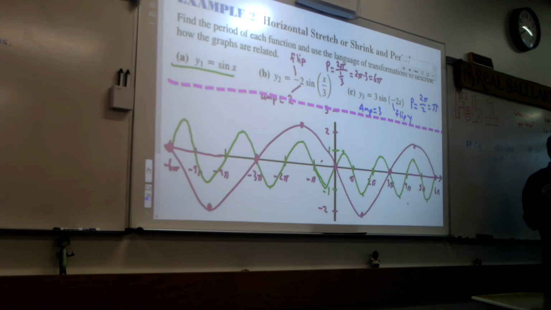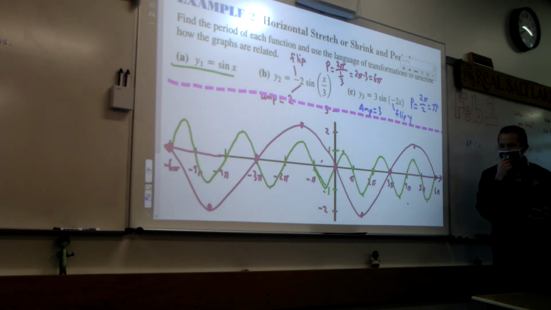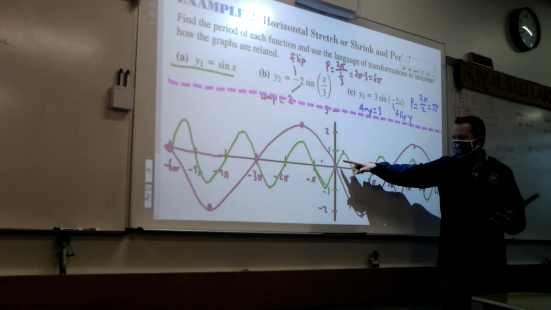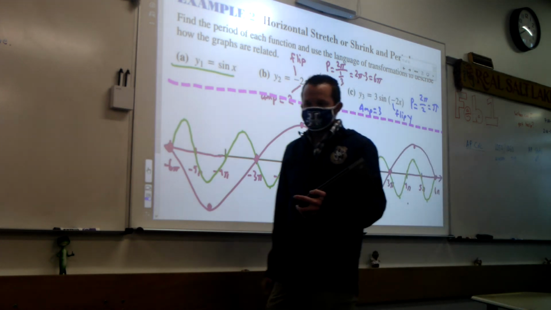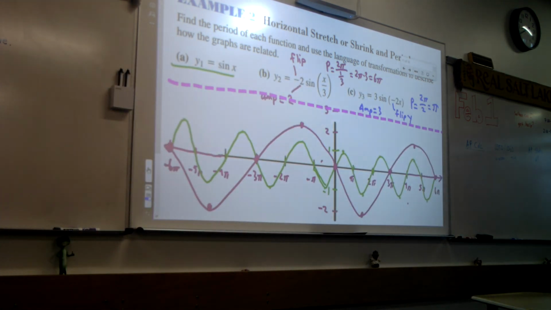It completes one cycle in pi, which is twice as fast. So where I see these green ones done at 2 pi, ours is going to be done right here. Now, this might take some precise drawing on a sloppy graph, but let's try this together and then we'll see if we can throw this in on Desmos to make it look better, okay?